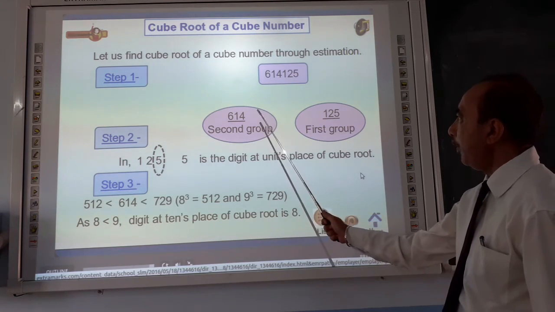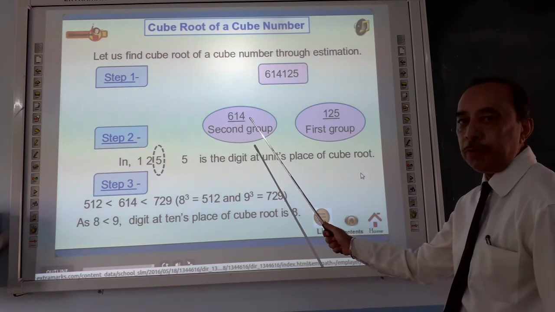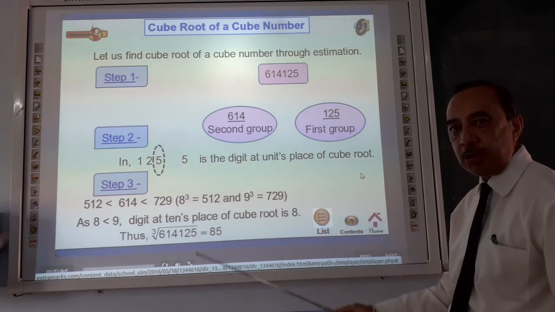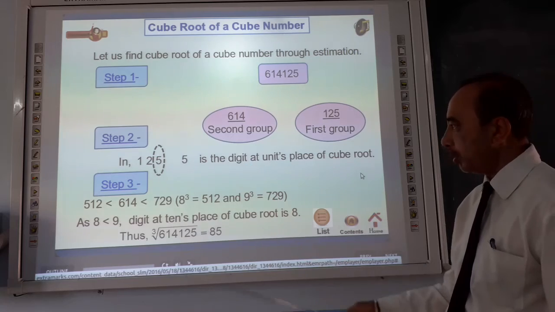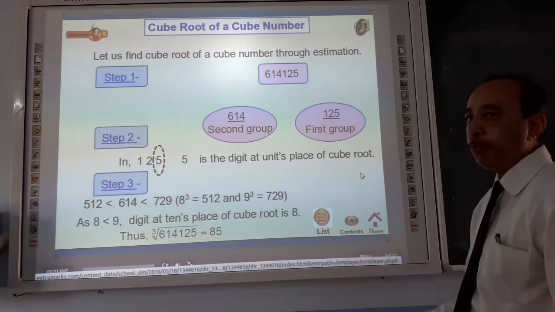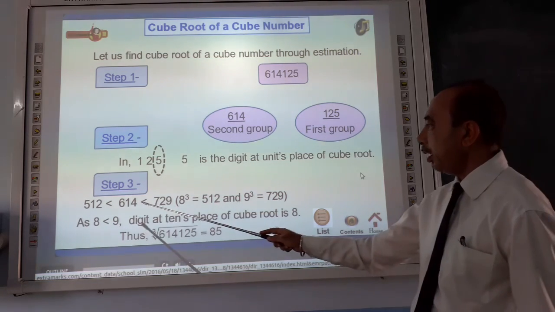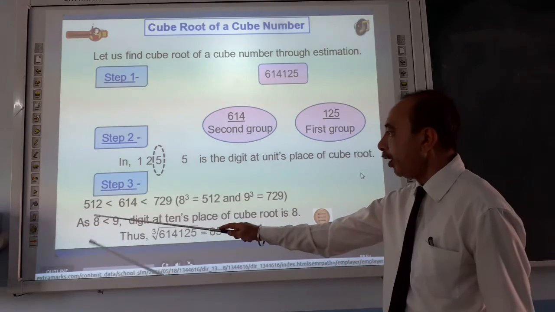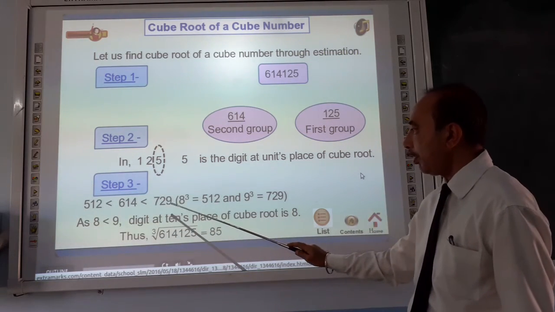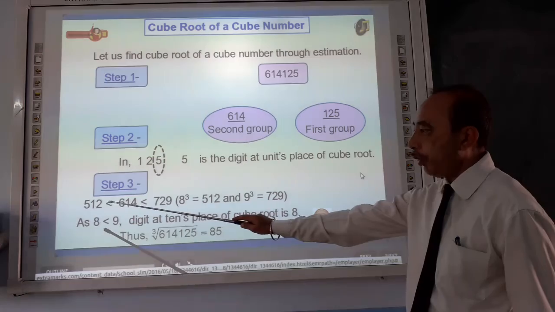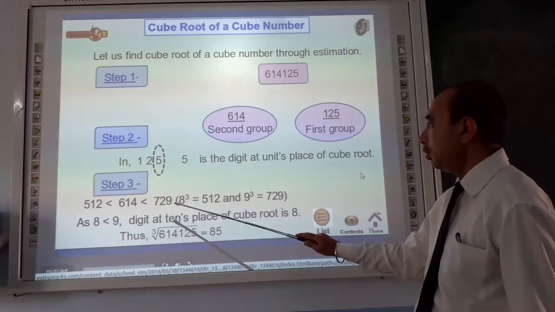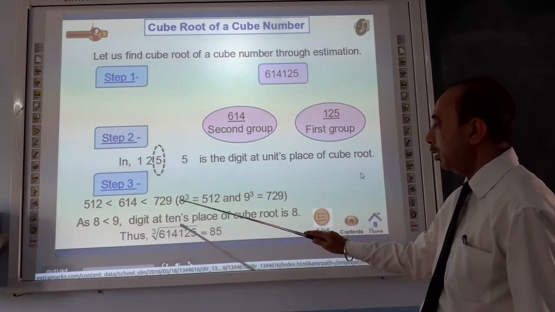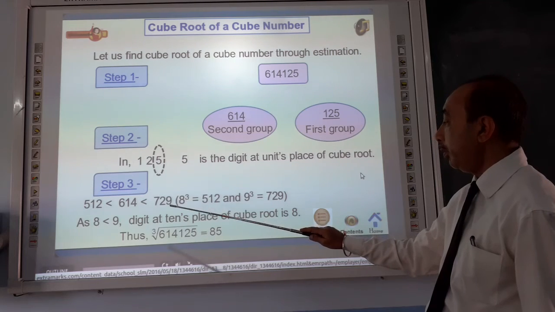Now we will see where 614 lies in the list of perfect cube numbers. 614 lies between 512 and 729. 512 is 8 cube and 729 is 9 cube.